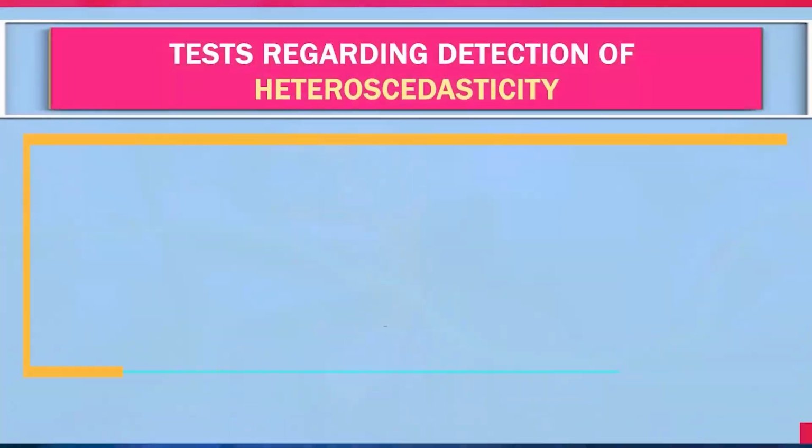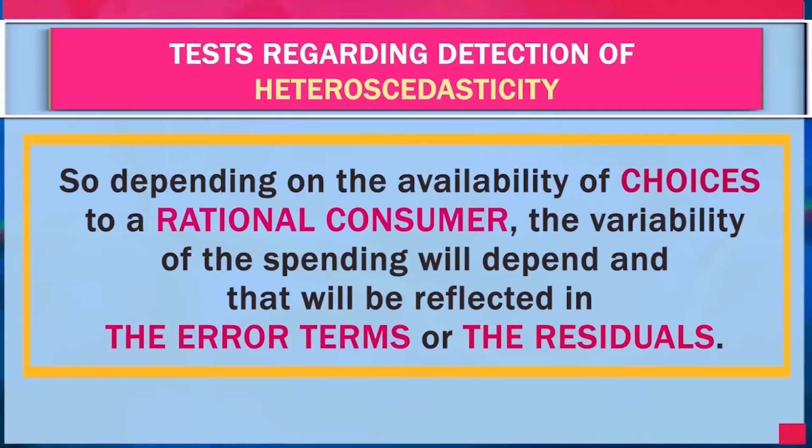So we can have two distinct clusters in the set of observations, and accordingly the variance will differ, because the variance will be high for the high income groups and less for the low income groups because they have limited choice. Depending upon the availability of choices to a rational consumer, the variability of the spending will depend, and that will be reflected in the error terms or in the residuals.